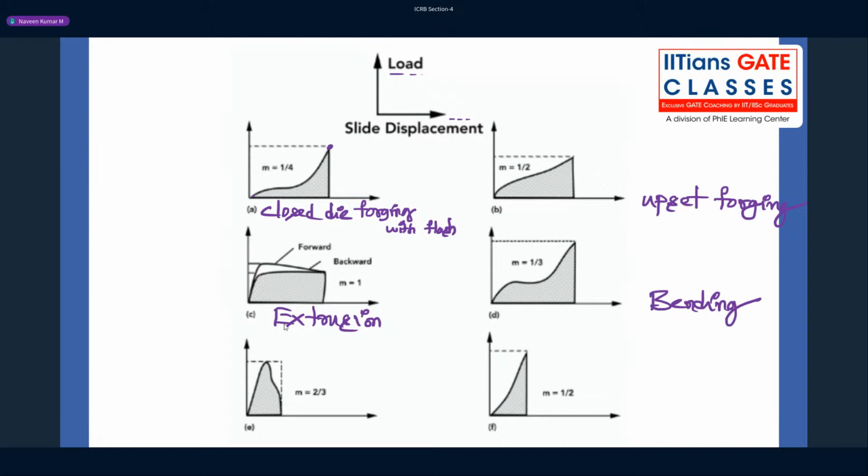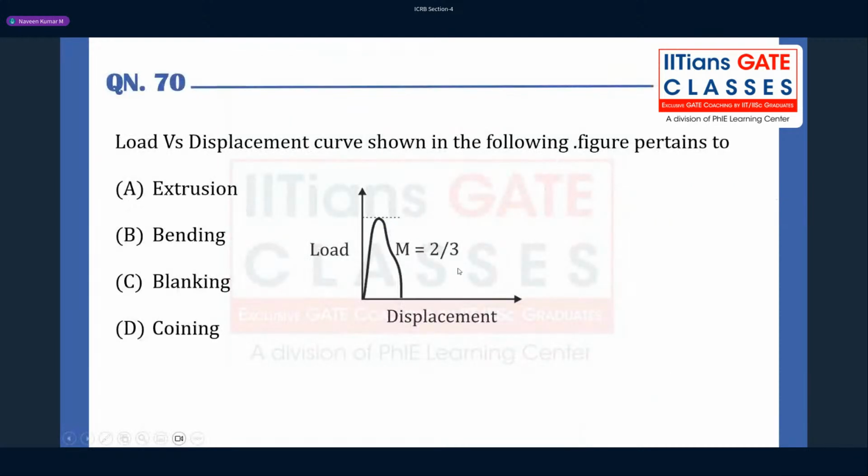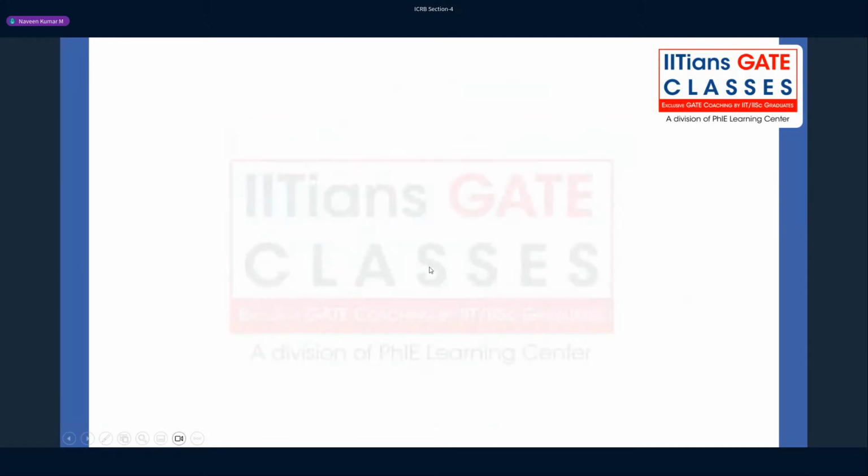So that's why it's called blanking or punching, anything is fine. And this is coining, keeping on increasing, and finished. So this is extrusion, bending, blanking, coining. Answer is easy.